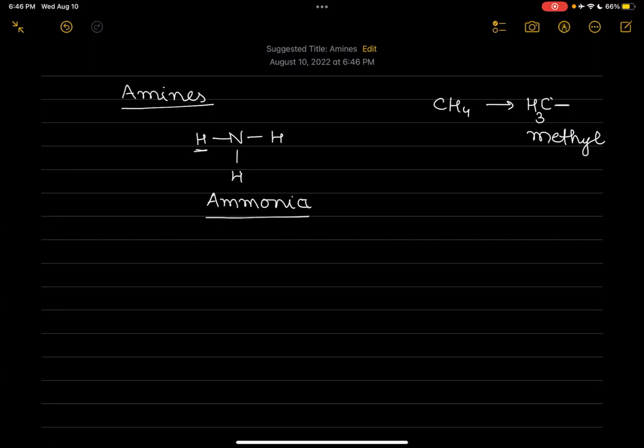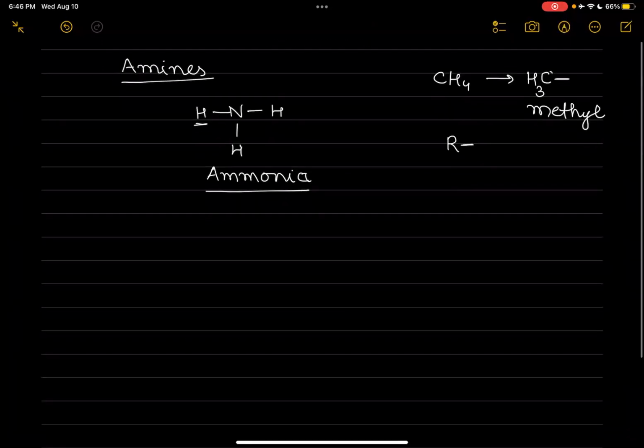and this was methane. Likewise, if you have two carbon atoms, you have ethyl. Three carbon atoms, it is propyl. These are the general alkyl groups, and we can represent them all in the form of R. So R is a general representation of any alkyl group.